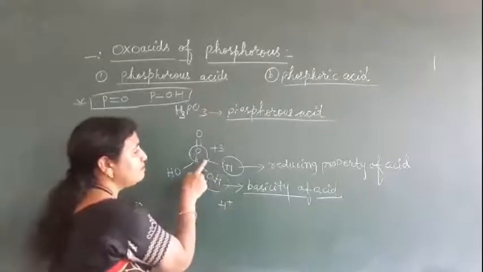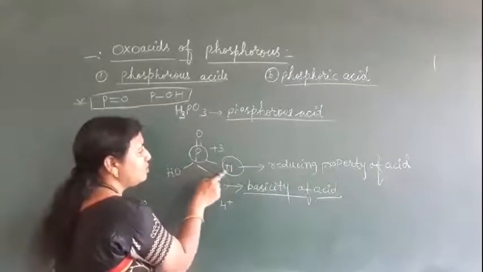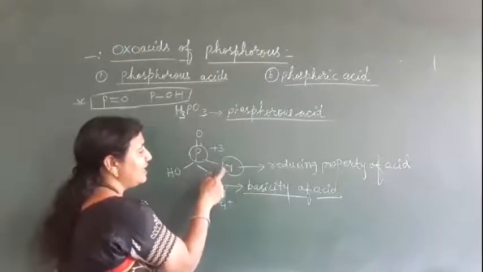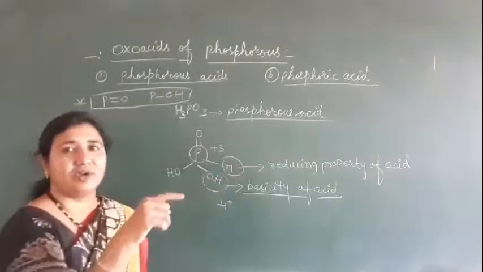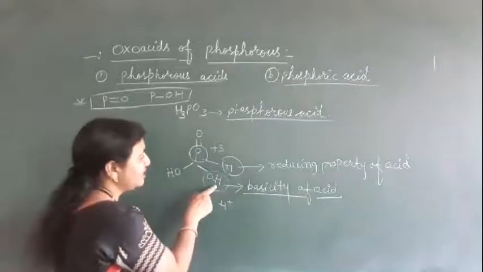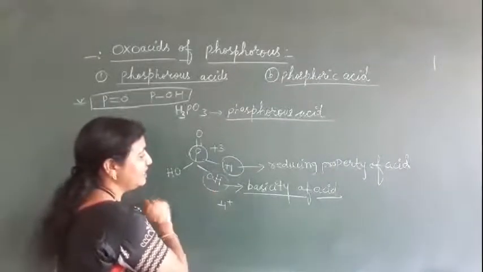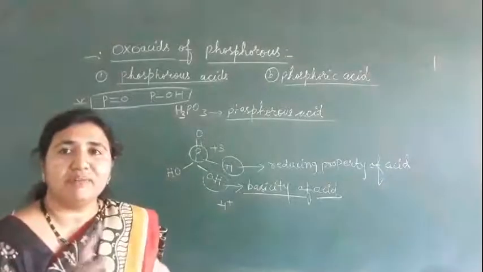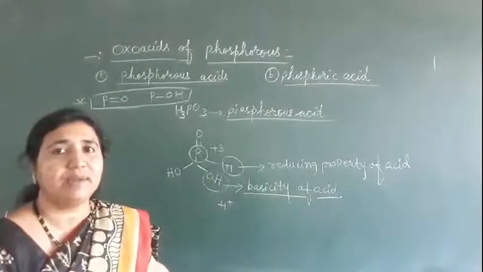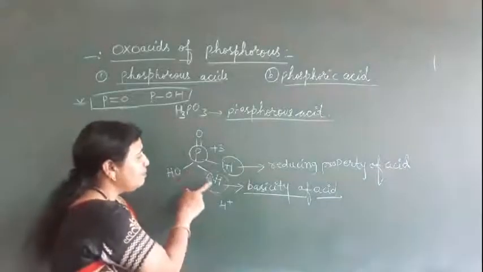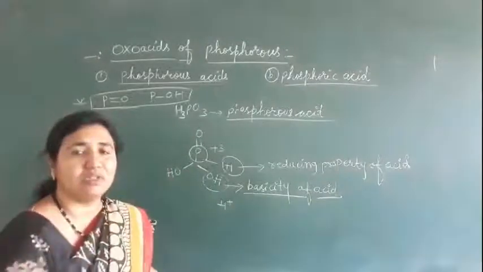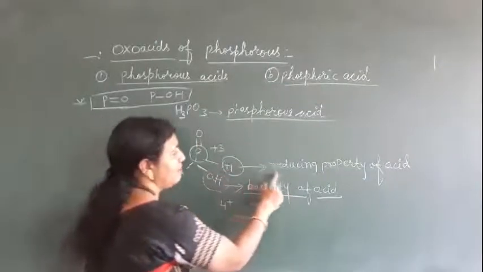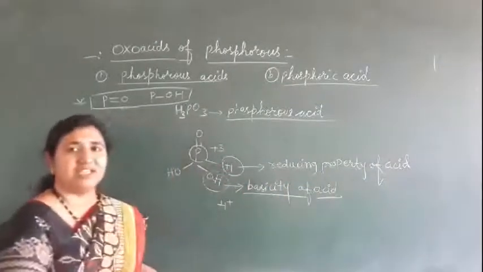But the PH bond is a strong bond, so this bond does not break and does not ionize, and this H is not released. Which H is released? This OH bond, this H is released. So however many OH bonds there are, that many will be its basicity. That's why the number of POH bonds describes the basicity of the acid, and the number of PH bonds describes the reducing property of the acid.